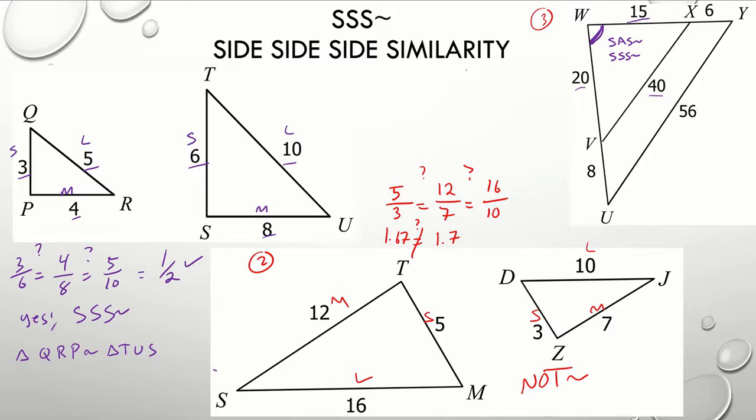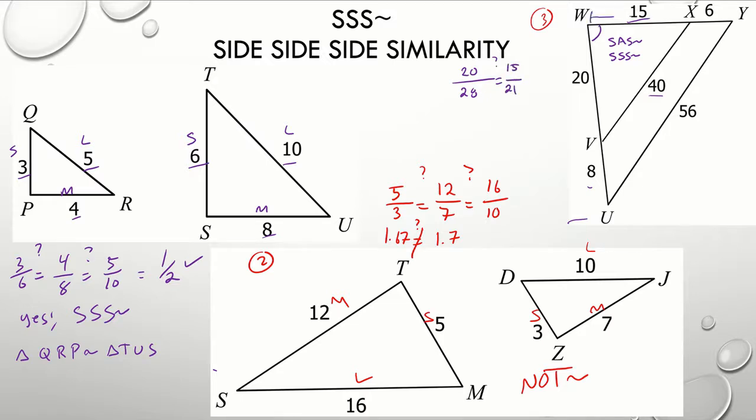So we create our ratio. Here I'm going to do 20 over 28, and that's coming from here. So 20 is this side of the small triangle, and so that same side on the big triangle is 20 plus 8, which gives us the 28. And I'm trying to check, is that the same ratio as the other side? So 15 over 21.